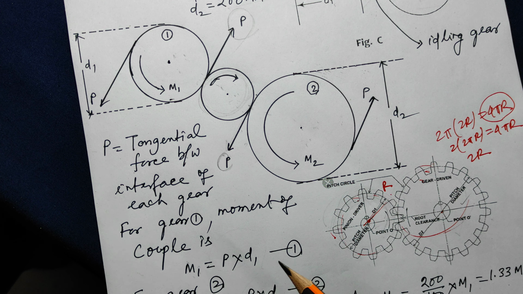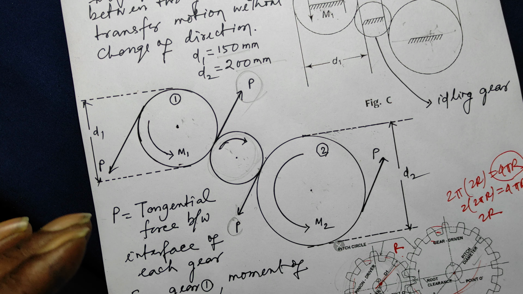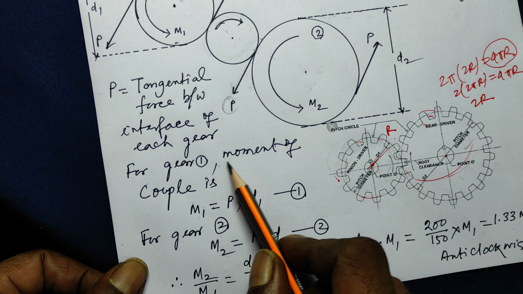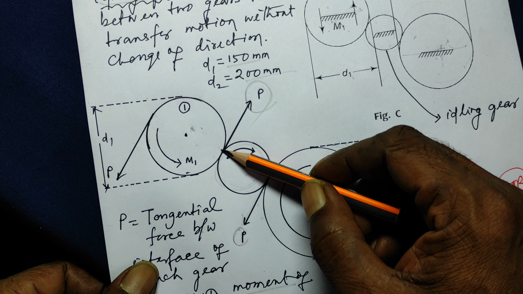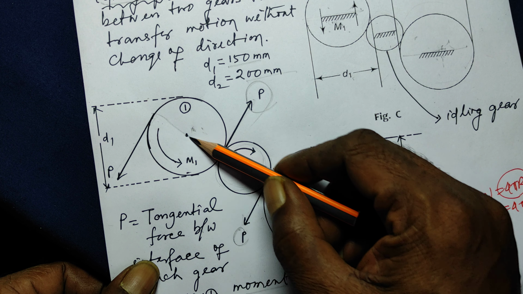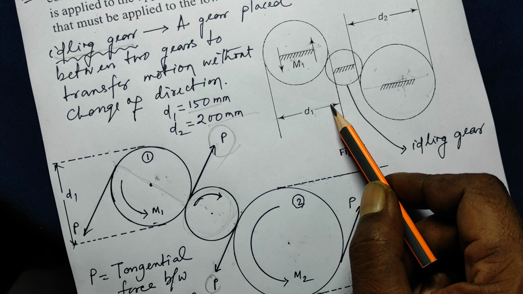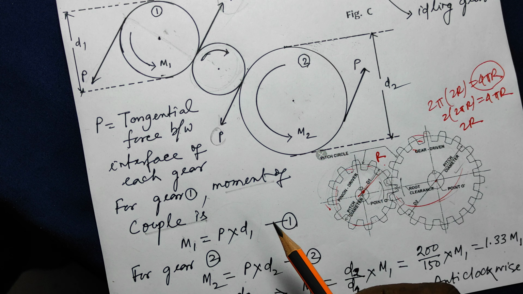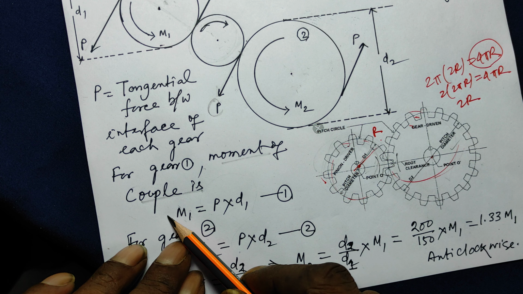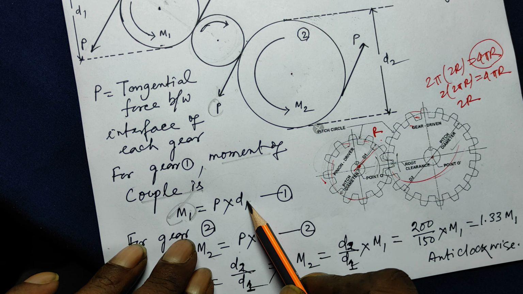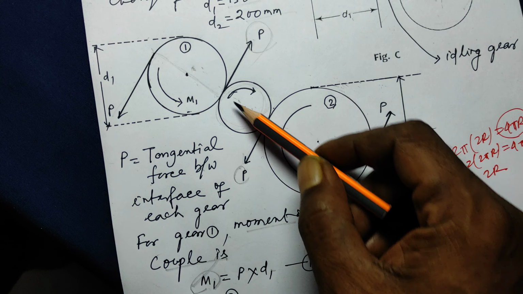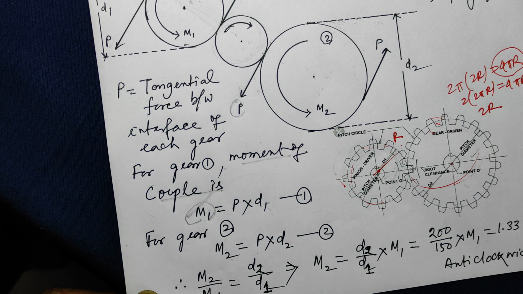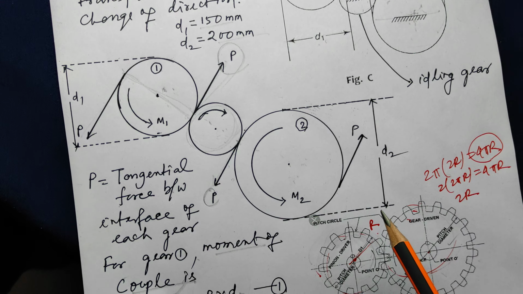Now let me apply the turning effect of a couple for gear 1. Here is a force P, here is a force P, and the perpendicular distance is D1 for this gear, which is given as 150 mm. So the moment of the couple M1 will be P times the perpendicular distance D1.